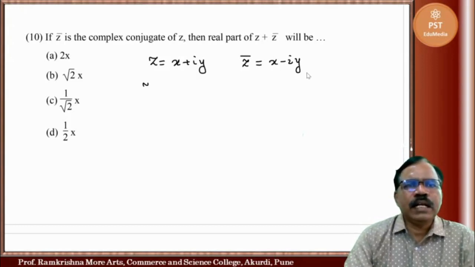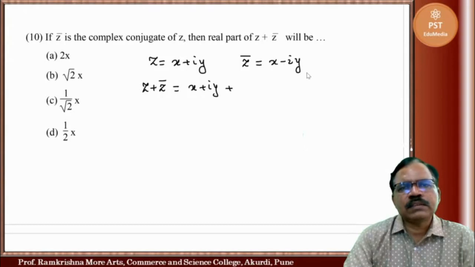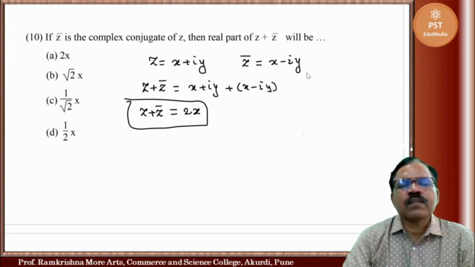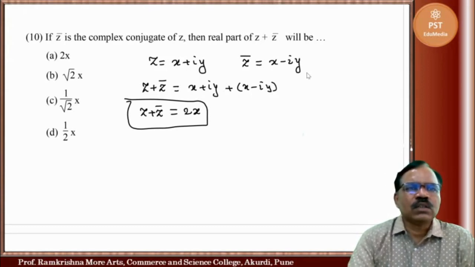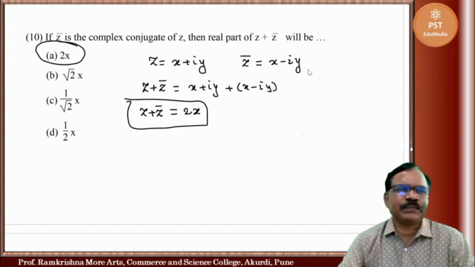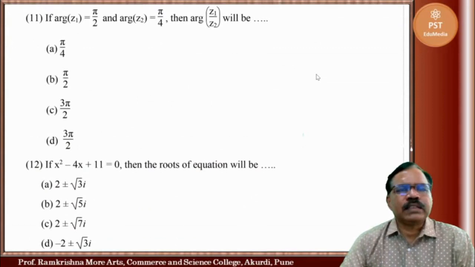So z plus z bar will be equal to x plus iy plus x minus iy. So if we solve this, we will get 2x. So z plus z bar is equal to 2x. So there is no imaginary part, only real part. So first one is correct.